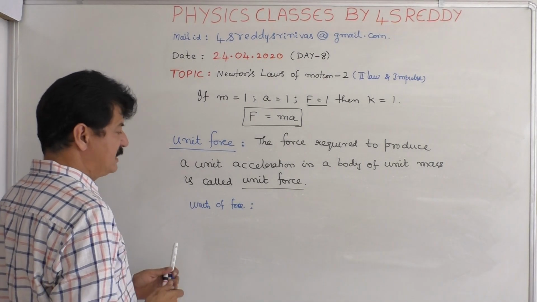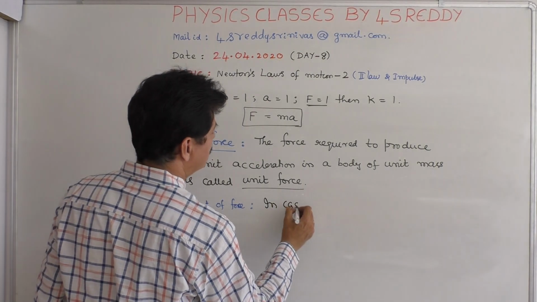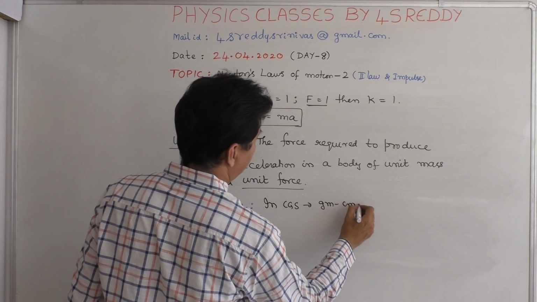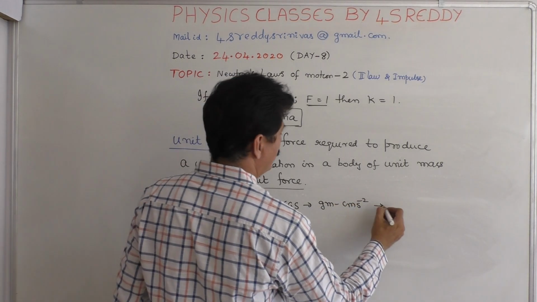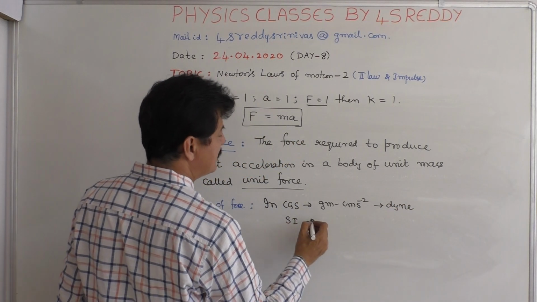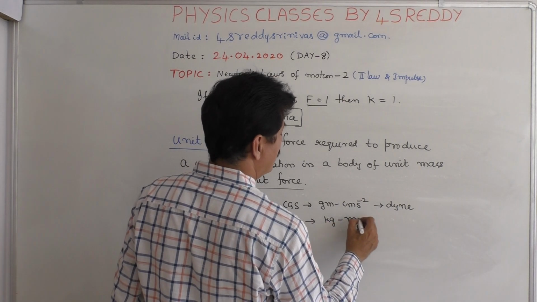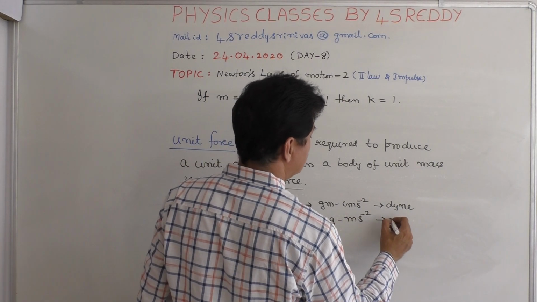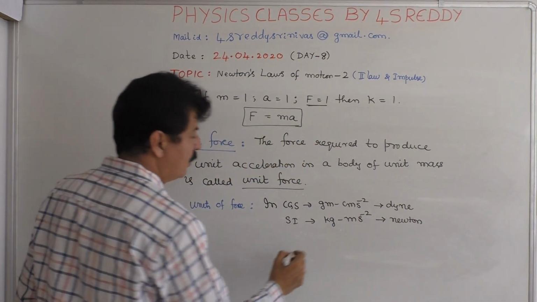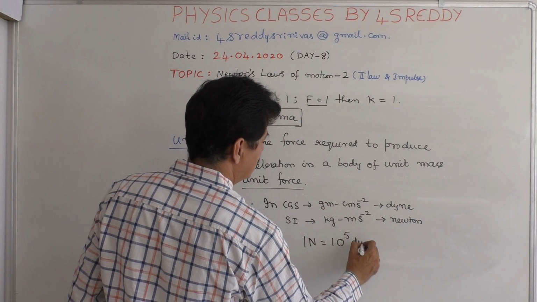First, in the CGS system, it is gram centimeter second minus 2, which is expressed in dyne. And in the SI system, it is expressed in kg meter second minus 2, which is expressed in Newton. And we know that 1 Newton equals 10 power 5 dyne.